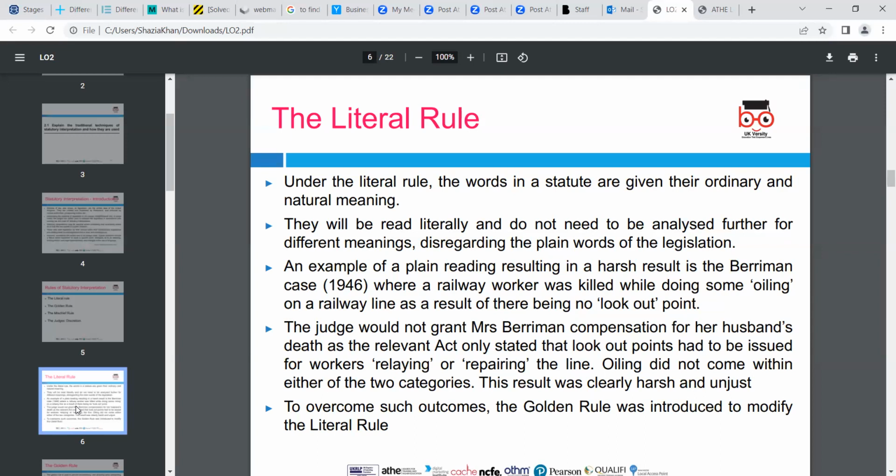The judge would not grant Mrs. Berryman compensation for her husband's death, as the relevant act only stated that lookout points had to be issued for workers relaying or repairing the line. Oiling did not come within either of the two categories. This result was clearly harsh and unjust. To overcome such outcomes, the golden rule was introduced to modify the literal rule.